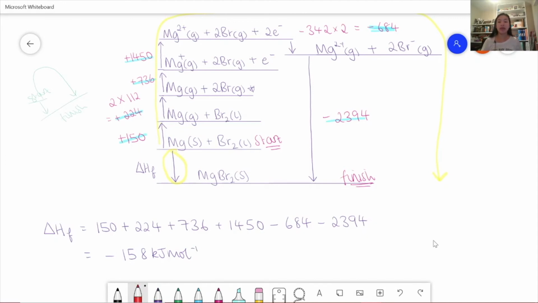So, for example, for this bit, you could say this is the first ionization energy of magnesium. And if you do that, then you're less likely to confuse yourself. But obviously, after a while, you could stop doing that if you wanted to. Sometimes exam questions might ask you to write them as well. So it's important that you've got the equations on the different levels and that you write the steps that you're doing.